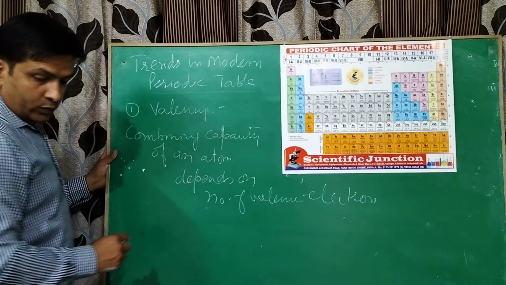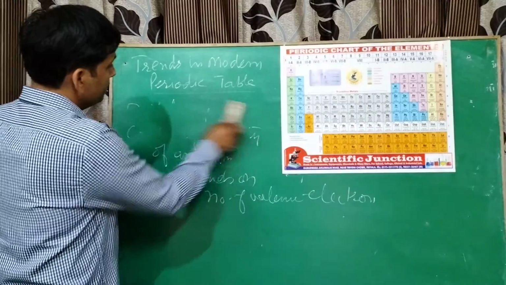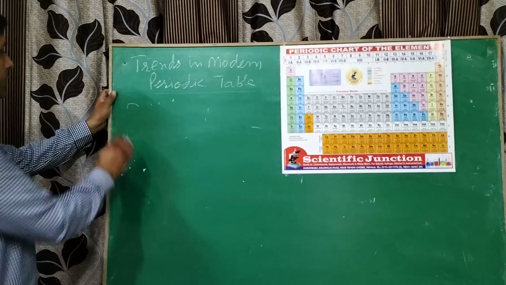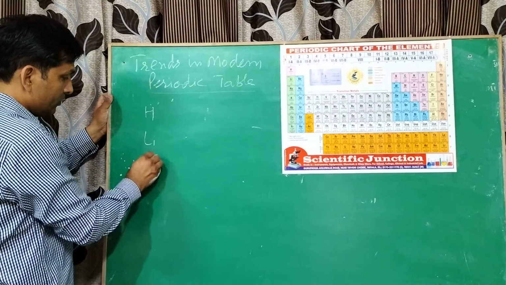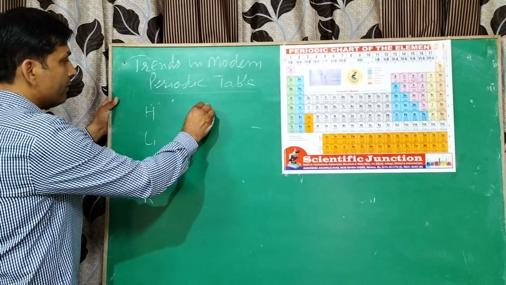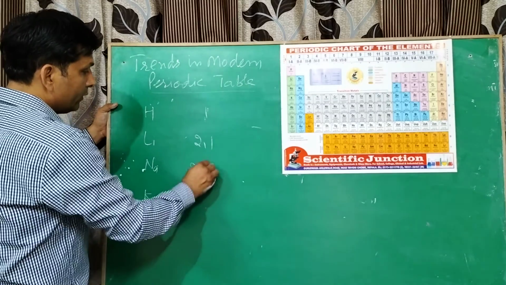Valency depends upon the number of valence electrons. For example, in the first group, hydrogen, lithium, sodium, potassium all have one electron in their valence shell: 1, 2,1, 2,8,1.